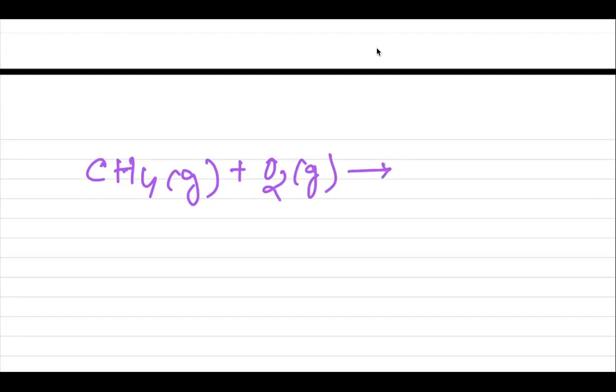Let's take one more example, like CH4, that is methane, when it reacts with water, sorry, not water, it will be reacting with oxygen. When methane reacts with oxygen, it will form carbon dioxide plus water. So can you tell what is the oxidation process and what is the reduction process?